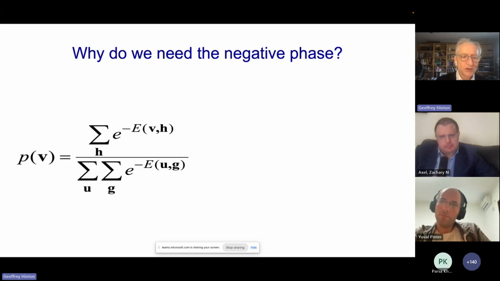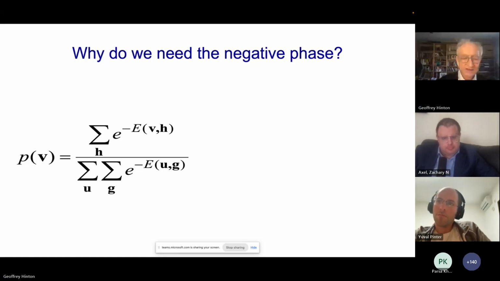And if you think about what you should do to maximize the probability of V, you should obviously lower the energy, raise the goodness of the combination of V with any of the hidden vectors, particularly ones that are already good. So what you're doing in the positive phase of the learning algorithm when you're awake is, with each vector V, you're trying to fill it in with a hidden vector that goes well with it. That is a sensible interpretation of V. And then you're trying to make that combination more plausible by lowering the energy of that combination.